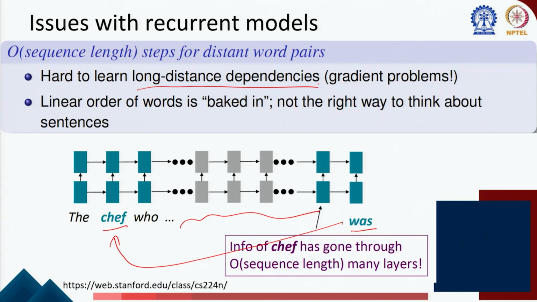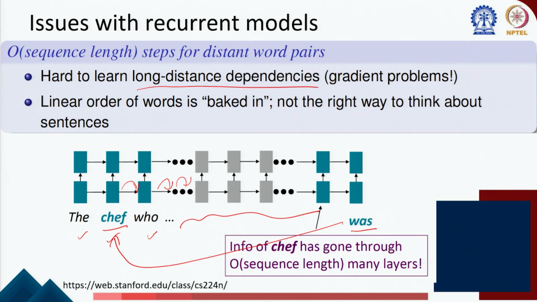Even if we use LSTM, it improves this a bit, but still it is not the best. You still have to go through every step, and you have to ensure that this information is preserved over so many time steps. You are always doing computation in a linear order, going through the chef, who, in a sequential manner.